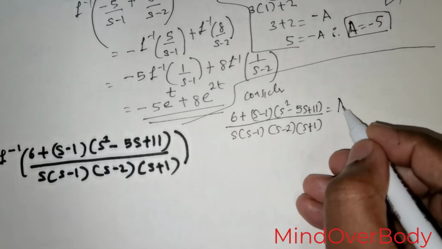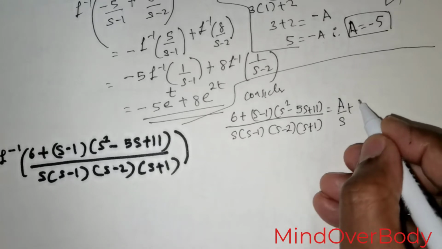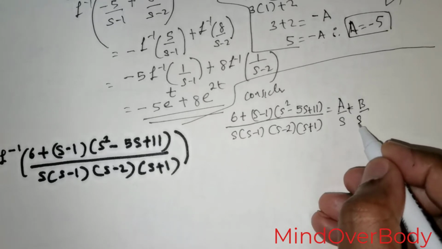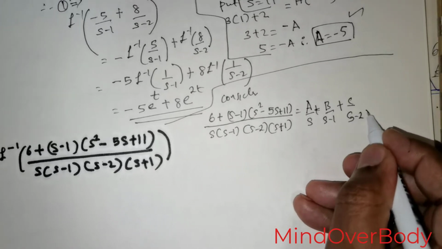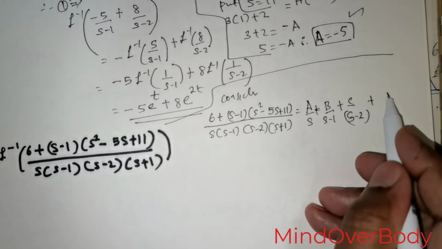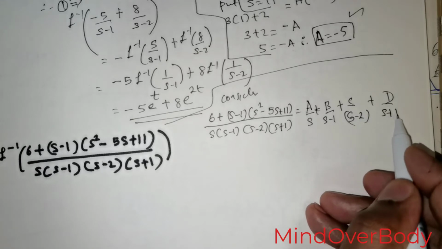I can rewrite this as A over s plus B over (s - 1) plus C over (s - 2) plus D over (s + 1).